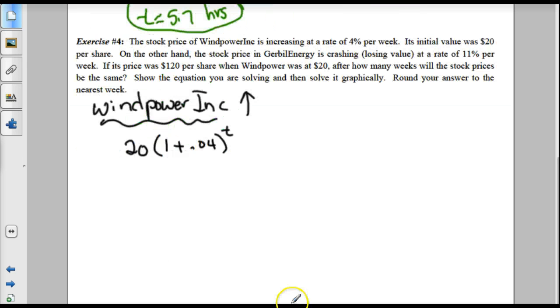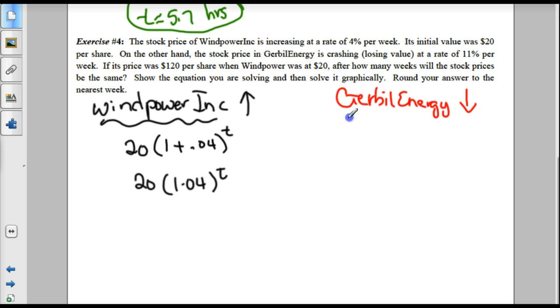So here we go. So this becomes 20, 1.04 to the T.